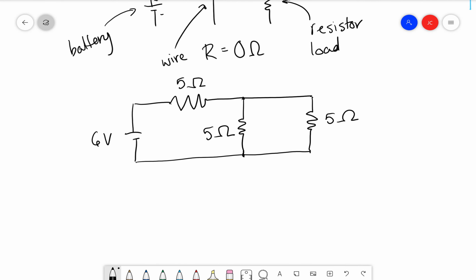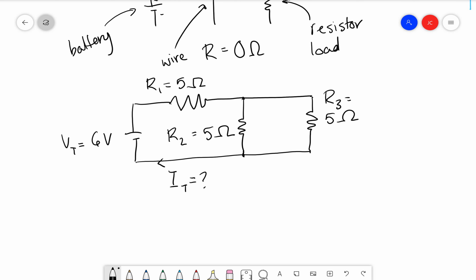Now, the first thing to notice in this circuit is that we know the voltage of the source. This right here is the voltage of the source, or the total voltage. And we know the resistance of each of these resistors. I am arbitrarily numbering these 1, 2, and 3 based on just how I feel.